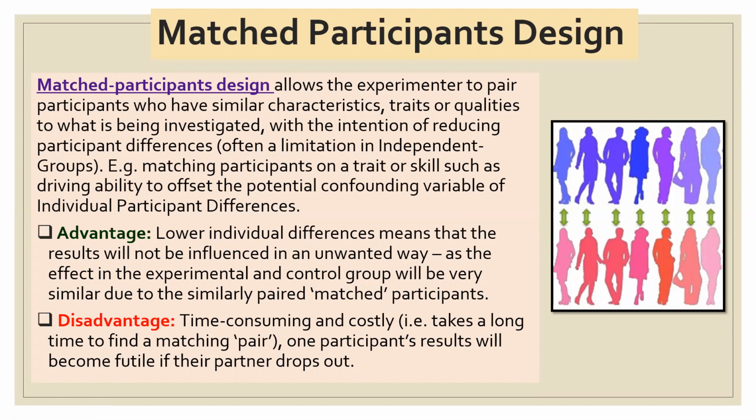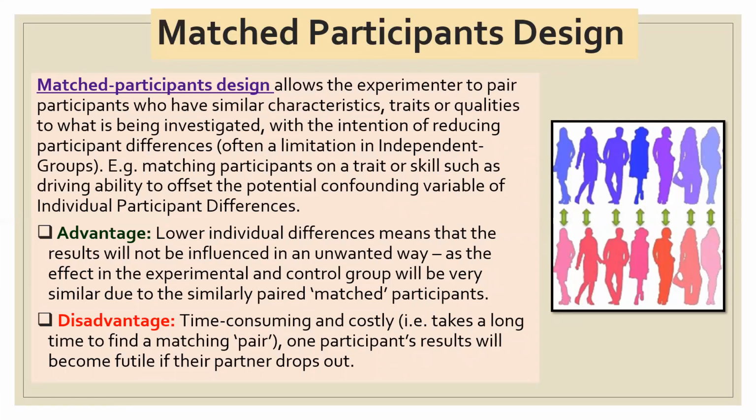The disadvantage, though, is that you can imagine trying to find a match for a particular person in the population. It's not easy work. It's time consuming. It's costly. You've got to incur a lot of costs and spend a lot of money to be able to find the matching pair, because you'll be recruiting them through different organizations or systems.